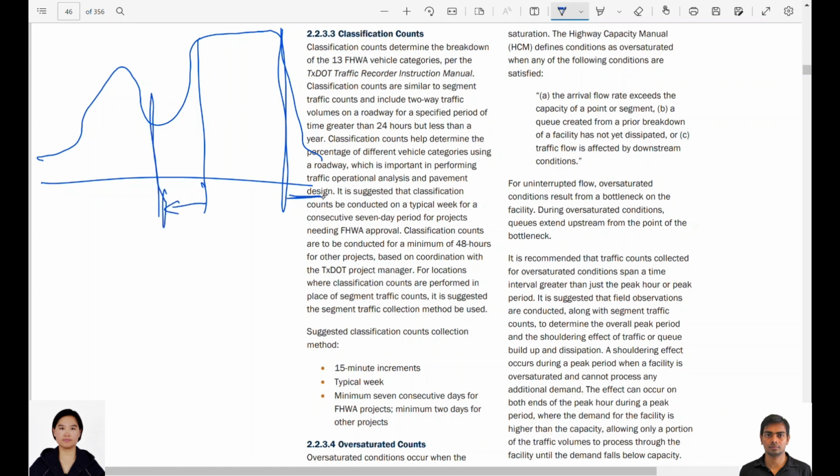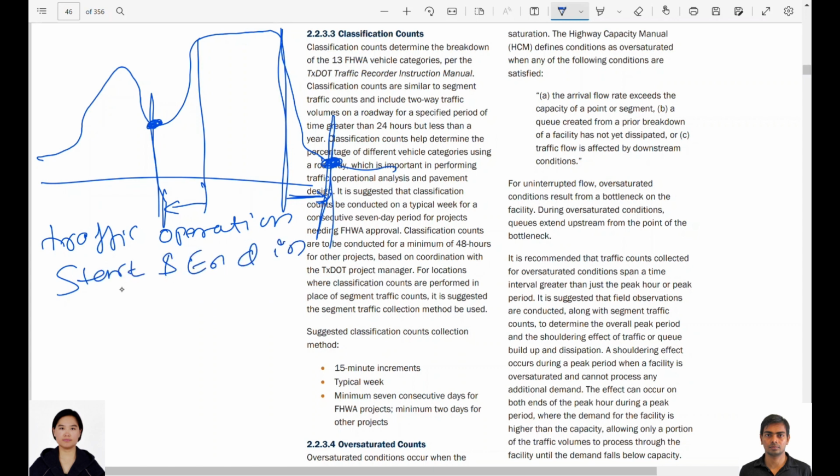Usually we collect 24-hour data, so we already have this, but for operational analysis it's better to start with unsaturated conditions and end at unsaturated conditions. So in the field of traffic operations, it's better to start and end in unsaturated conditions. Unsaturated conditions means the demand is met by capacity, and vehicles are moving similar to free flow on freeways.